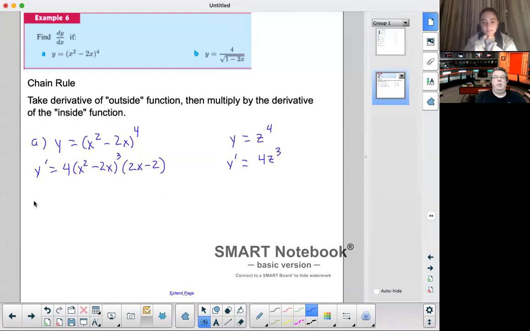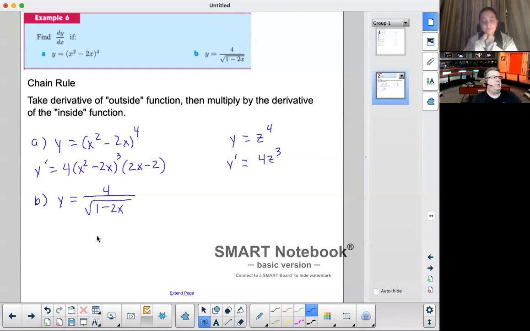Now, you and I know that it's not always going to be as simple as that. For example, here we have y equals 4 over the square root of 1 minus 2x. And we could take the derivative of that using the quotient rule, because it is a quotient.